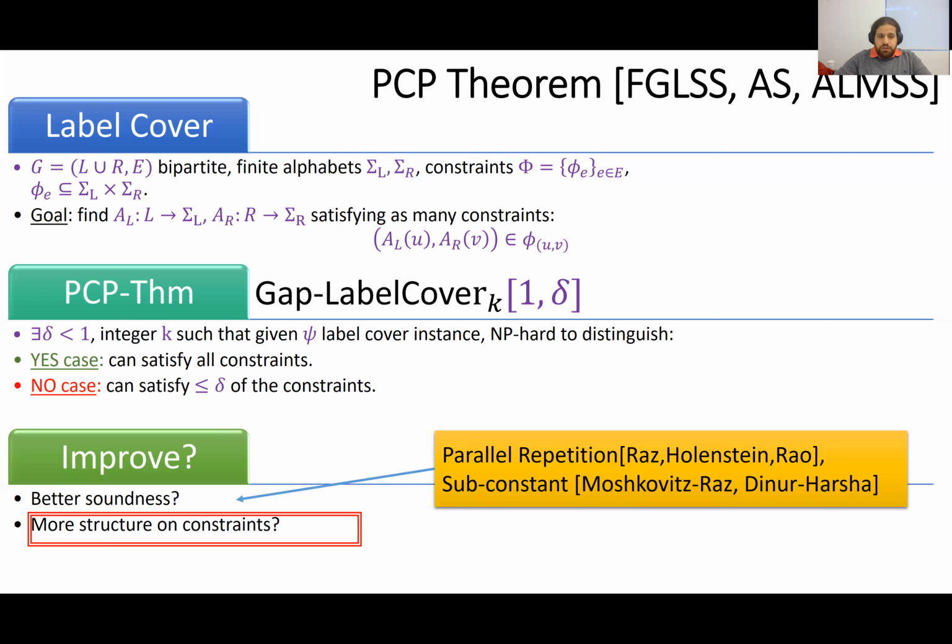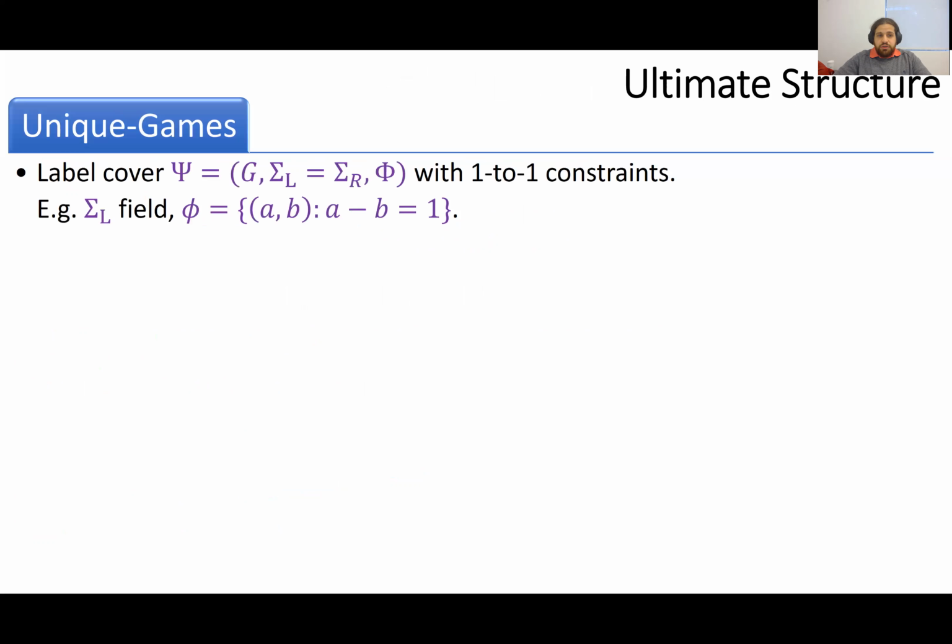Good. So what is the best structure that one can hope for? This is what I call the ultimate structure. This is what is known as unique games. So what are unique games? Well, a unique game is a label cover instance that satisfies more properties.